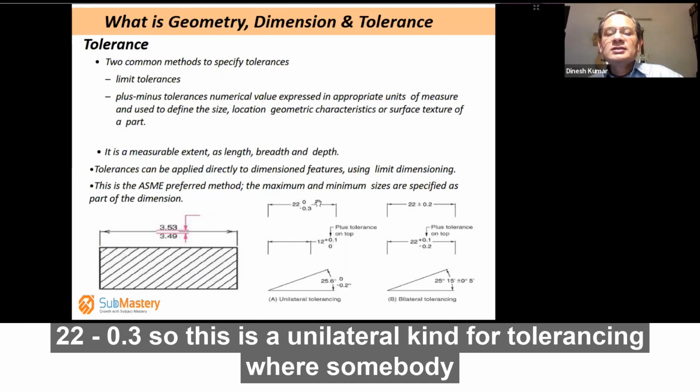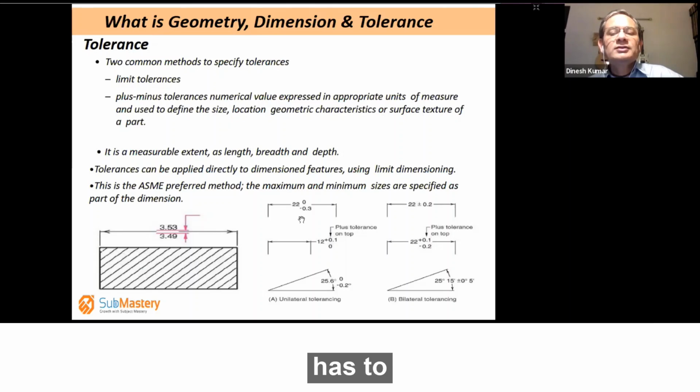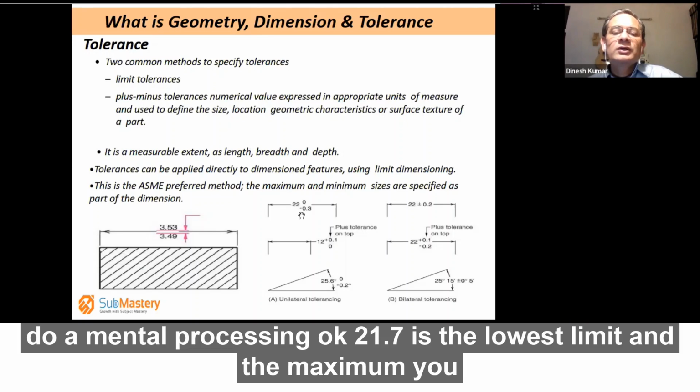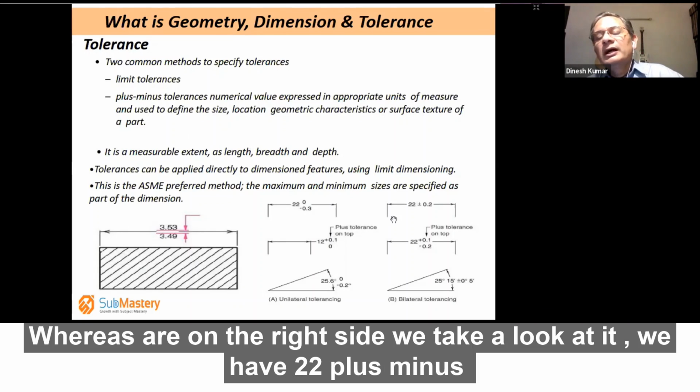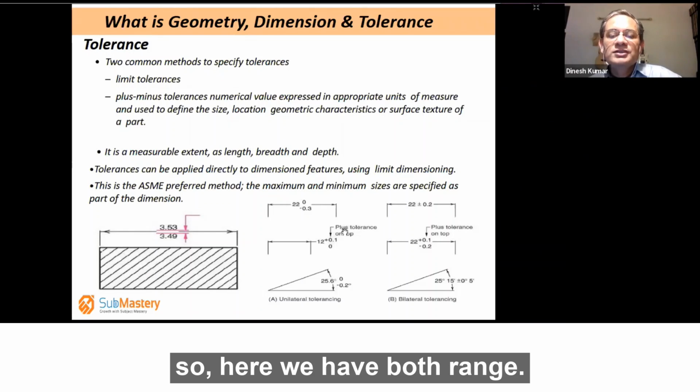So this is a unilateral kind of tolerancing, where somebody has to do a mental processing. Okay, 21.7 is the lowest limit, and maximum you can go up to 22. Whereas on the right side, we have 22 plus minus 0.2. So here you have both ranges.